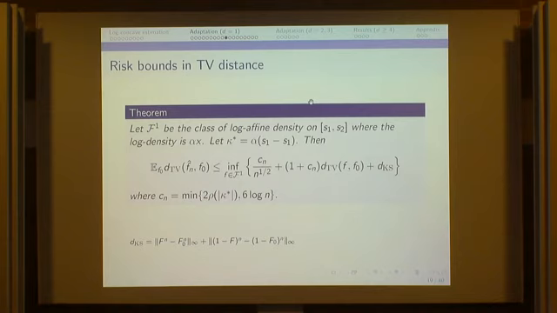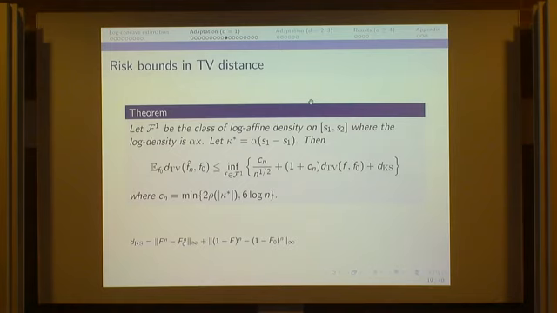We proved that the total variation risk can be upper bounded by the summation of these three terms, and then we can take the infimum. So let's look at the second and the third term. This is the total variation distance between our true density and some density in the class of log phi. This term can be understood as an approximation term.